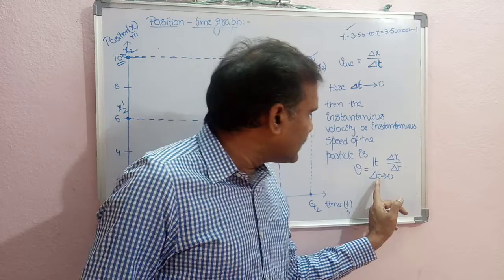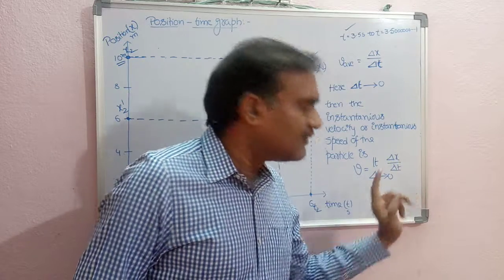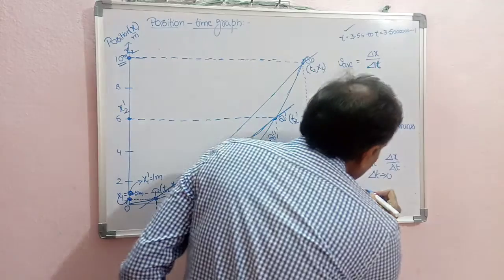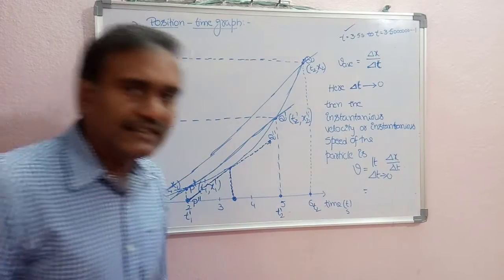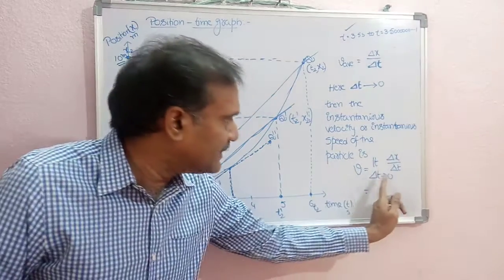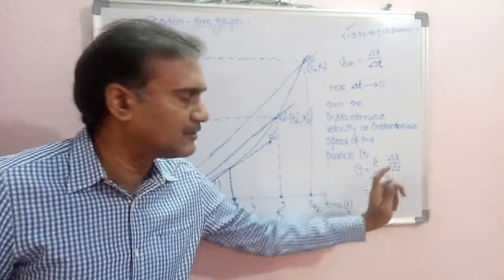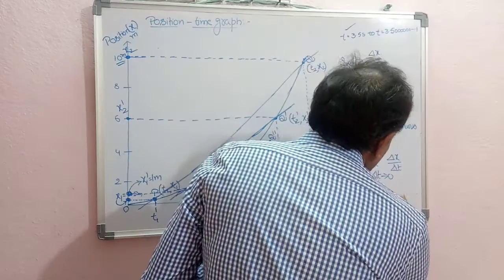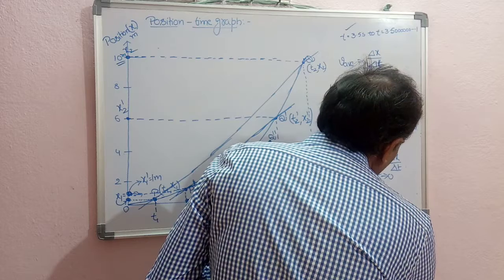V is equal to limit delta t tends to 0 of delta x divided by delta t. In mathematics, instead of limit delta t tends to 0 of delta x by delta t, we represent it as dx divided by dt.